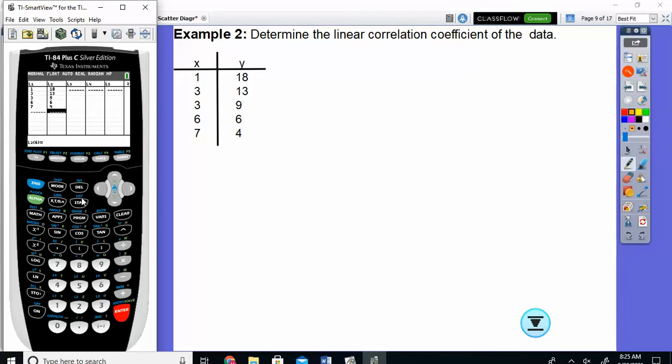Then, if I just want to get all my information at once, you can go to Stat, Calculate. You can either do one variable stats and do it once for L1 and once for L2, or if you go to two variable stats, your first one is L1, your second one is L2.